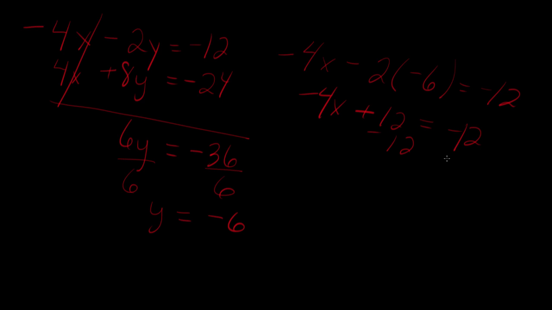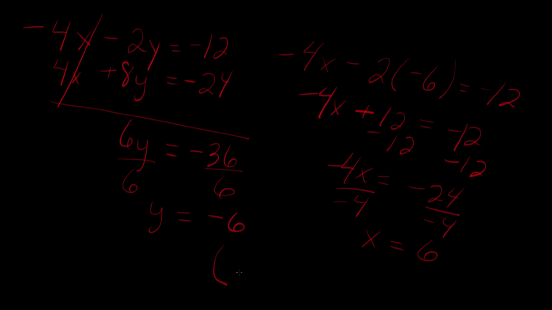Subtract 12 from both sides. -4x equals -24. Divide both sides by -4. And x equals 6.